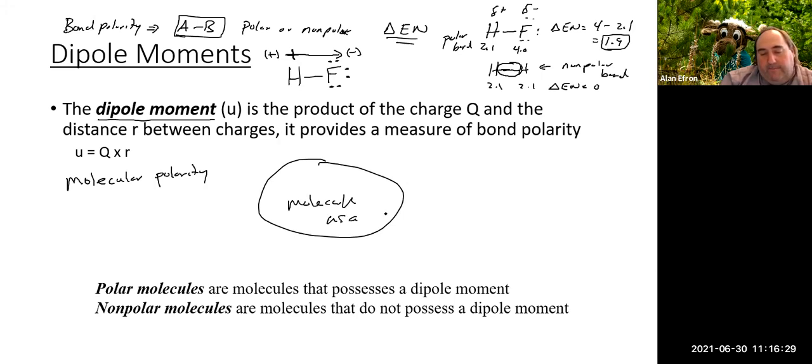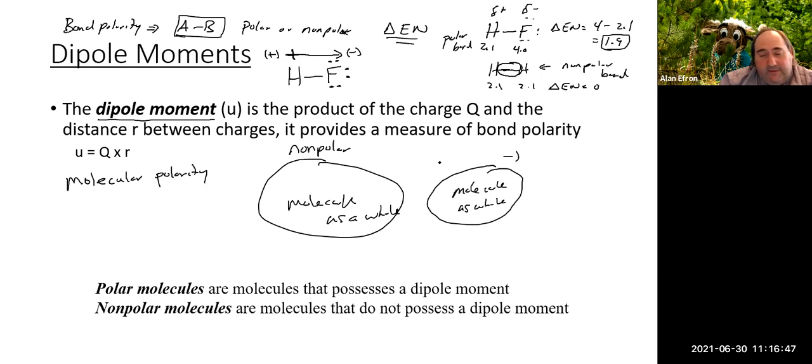Is that entire molecule nonpolar, which means we have nice equal sharing of electrons? Or when we take the entire molecule with all its bonds as a whole, is there a side that's more negative? Is there a side that's more positive? That would be a polar molecule.